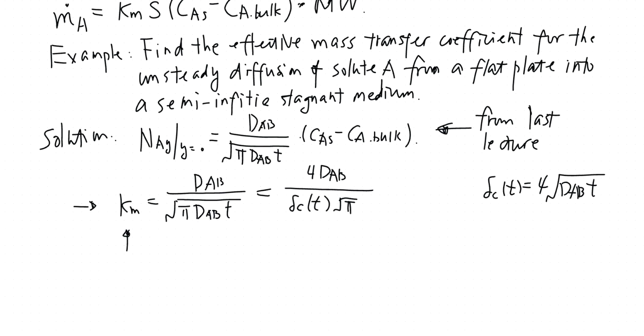That means the mass transfer coefficient doesn't have to be a constant, or it may not be a constant from the physical process. Let me complete the writing. Time dependent.